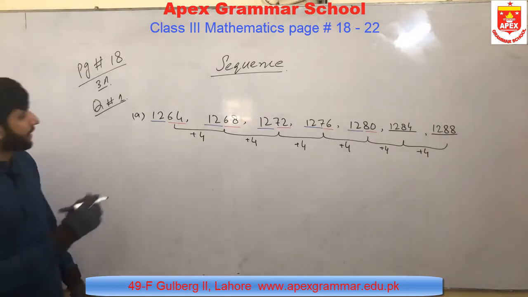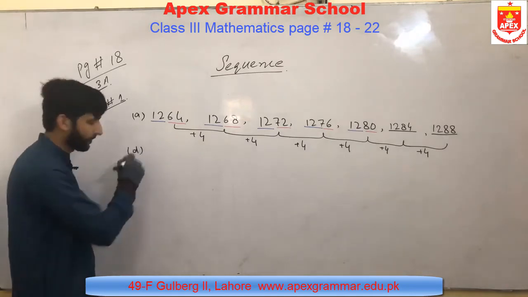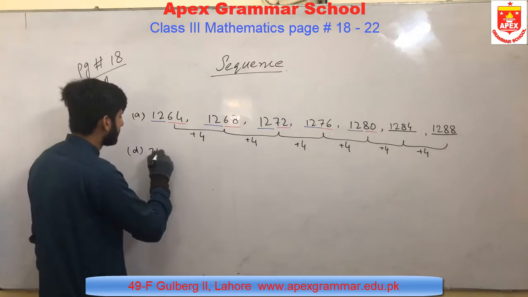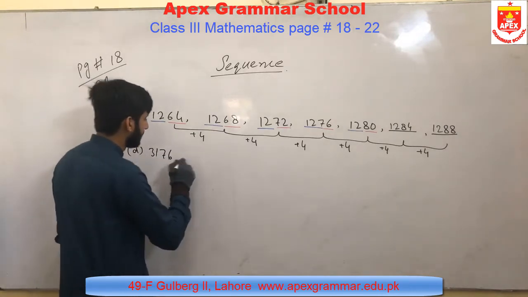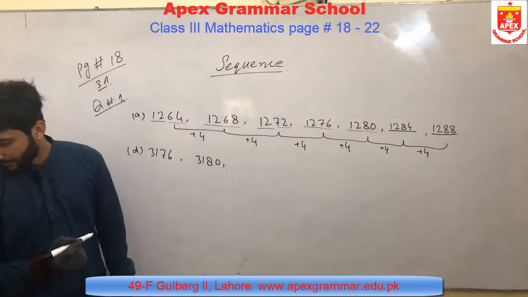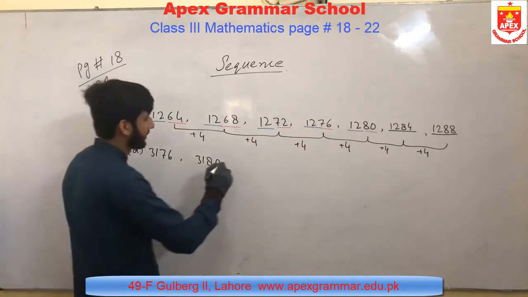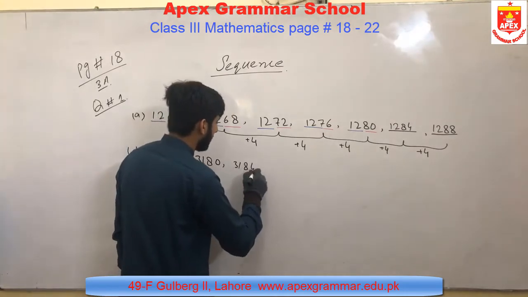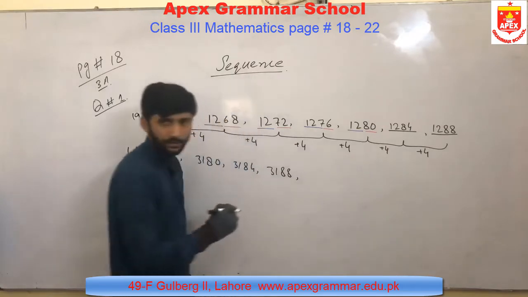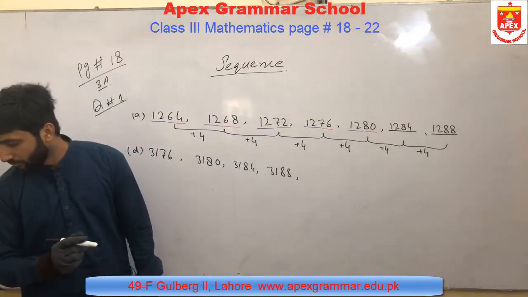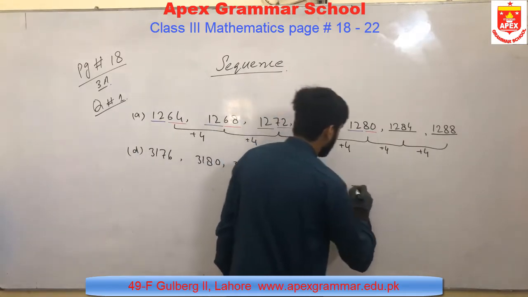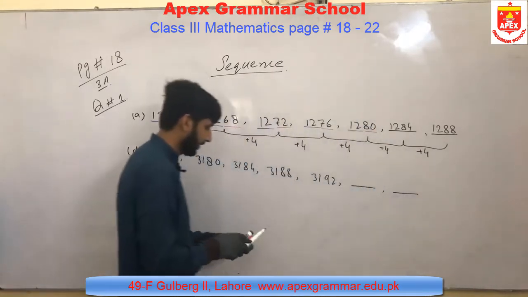Now I'm going to solve part D for you. The first number of part D is 3176, then 3180, then 3184, 3188, 3192, and then two blanks.